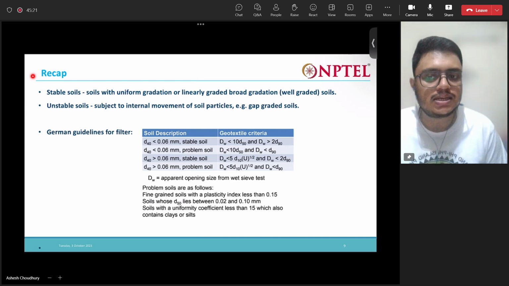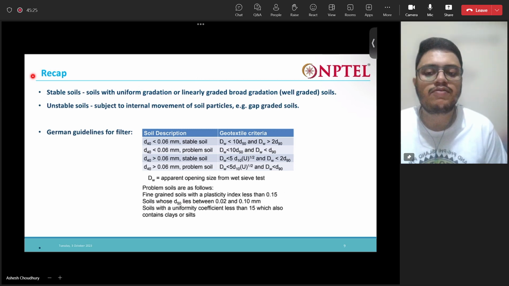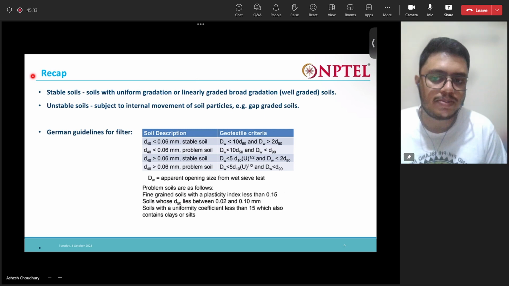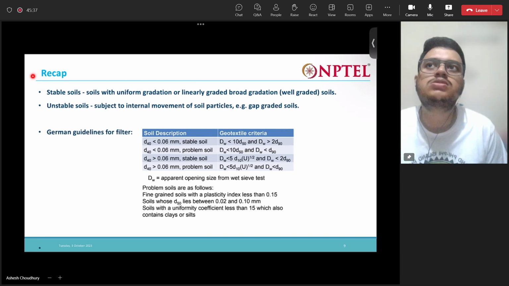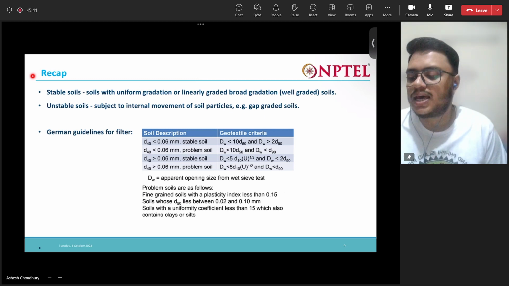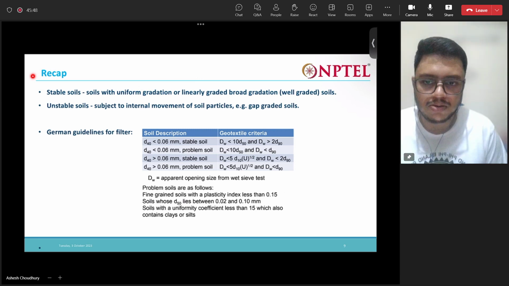And what is uniform graded? Uniform graded means soil particles have a uniform size. What is gap graded? Unstable soils are actually gap graded soils. These gap graded soils are those soils where only some sizes of soil particles are there, and other sizes are missing.